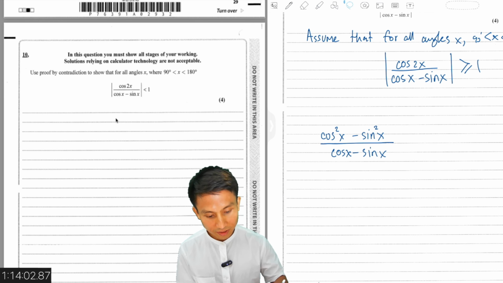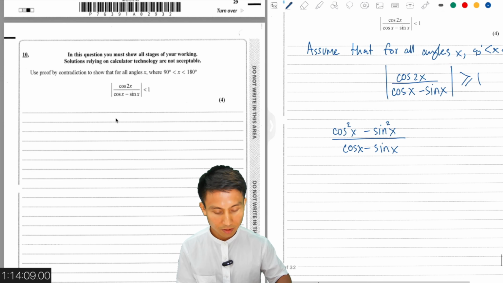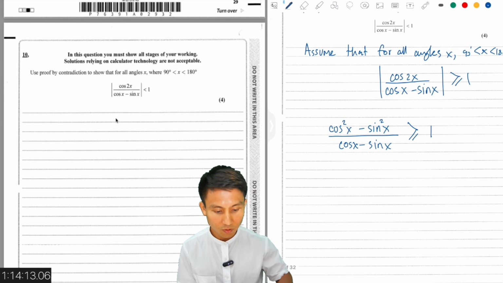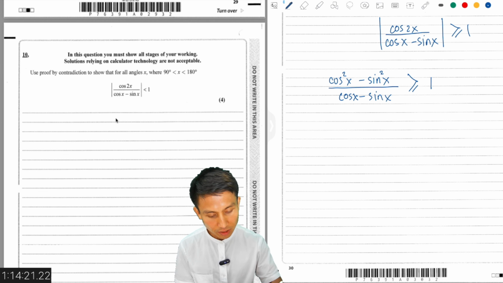All right, so we're going to start by that first. And then this is still greater than or equal to 1, right? Okay, so what do we have here? So we can do something like this. So cos x minus sin x times cos x.